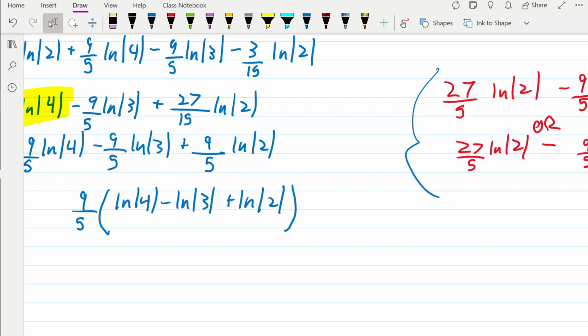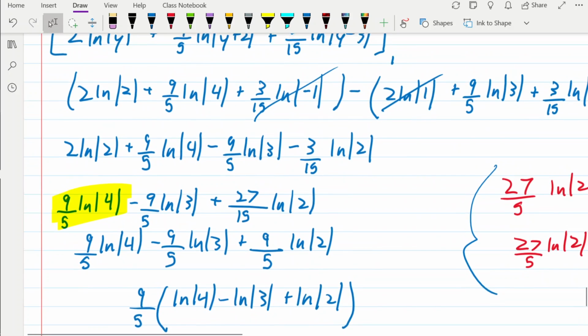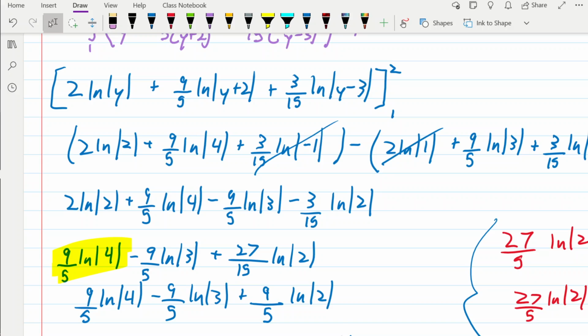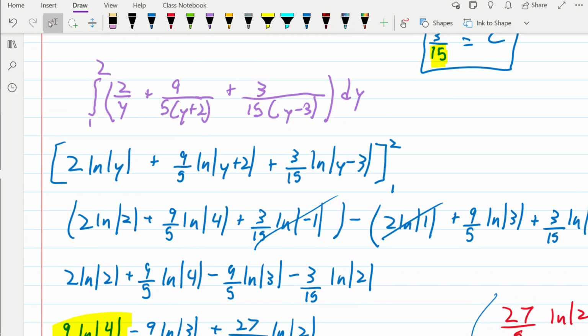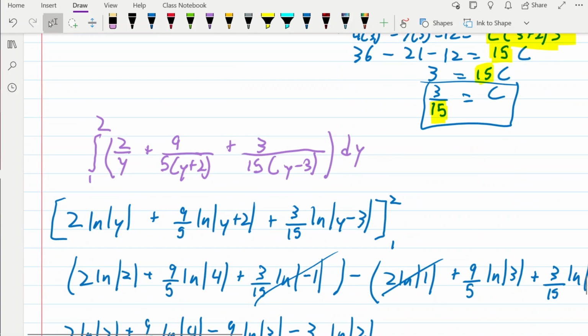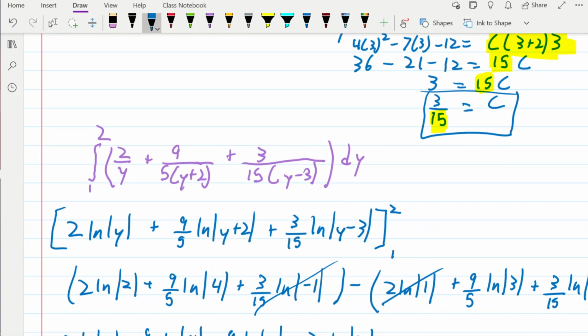Unless I got something wrong for this ln of 4 right here, if I follow it up. Two plus 2 is 4. It's like that. Y plus 2, I believe that should be, yeah, y plus 2. Hmm.